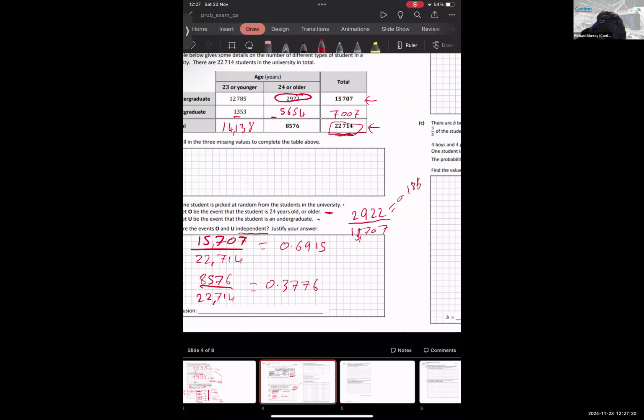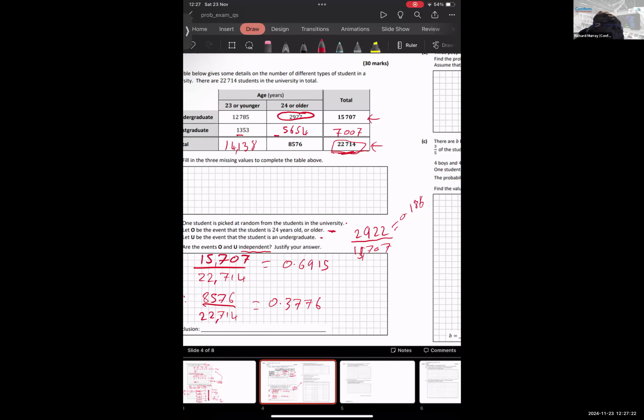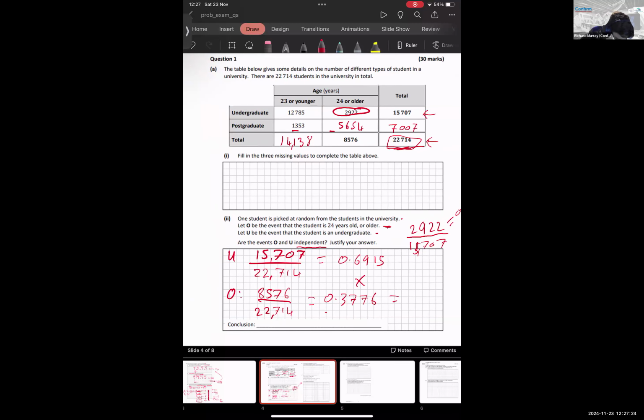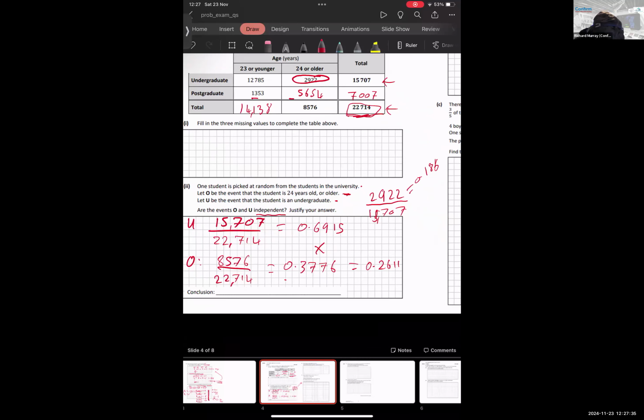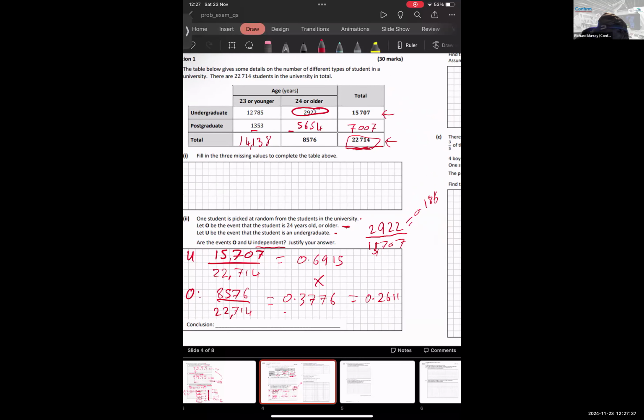We take the product of these two, 0.6915 times 0.3776 is equal to 0.2611.